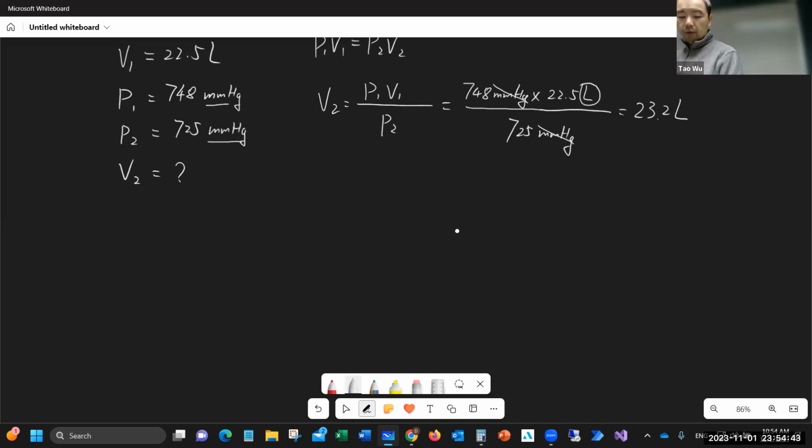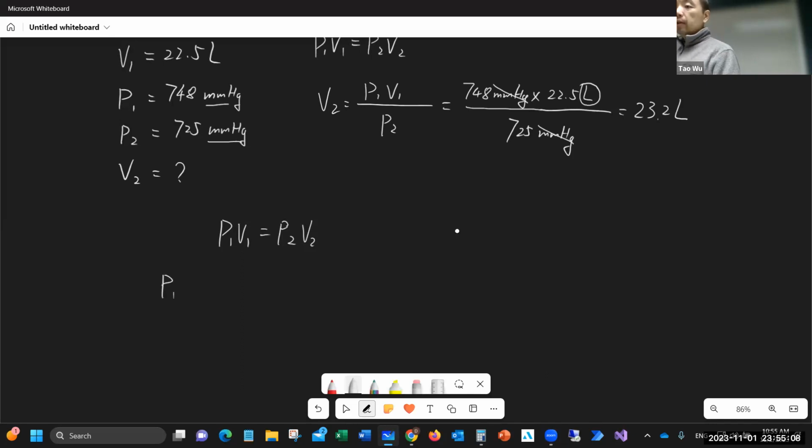So what happens to the pressure when the volume is tripled? Again, you're still going to use this equation, P1 times V1 equals P2 times V2. It didn't give you the numbers, right? So you have to make up some numbers.